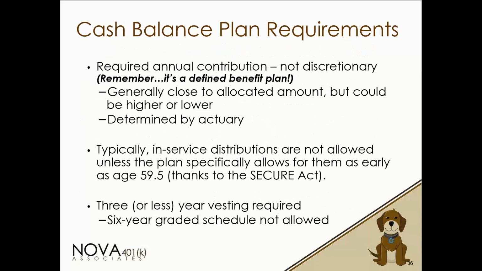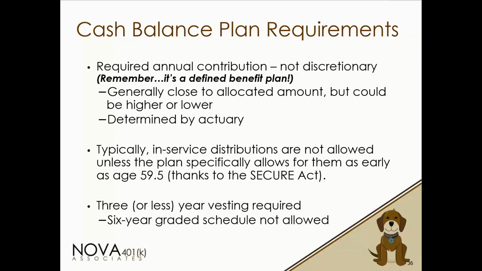Because it's a DB plan, there are additional requirements, and I think I've mentioned most of these. You typically don't have in-service distributions in these plans, but you can write it into your plan. You can write it in as early as 59 and a half, but most often plans don't do that.